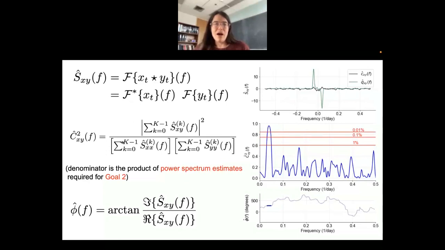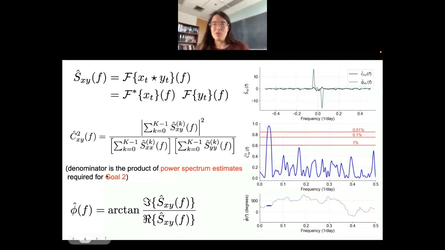A key thing about this coherence estimate is that you have to average together multiple estimates of both the cross spectrum and the periodograms, the power spectra, in order to calculate it. This means the denominator of this middle equation gives you your lower variance power spectrum estimates for free.